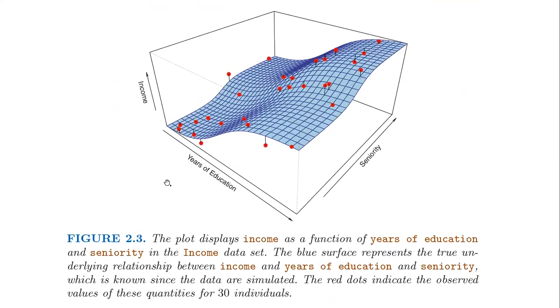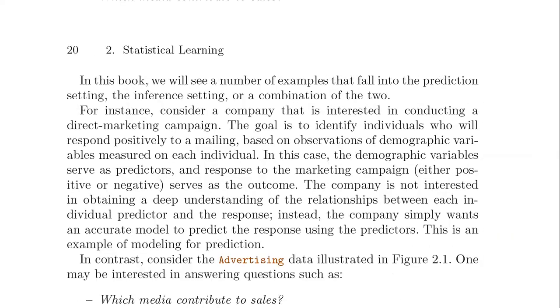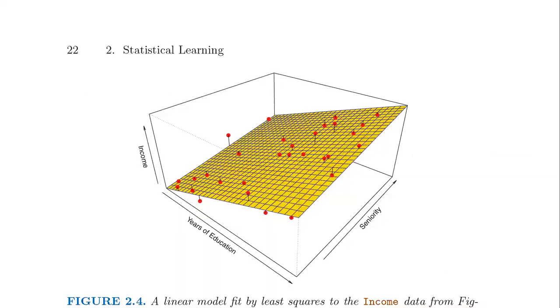But again, in real life, I don't think you'll ever know the true f. We're approximating the true f using this model. It's a linear model. You will have decided at the outset, I am going to model linearly.